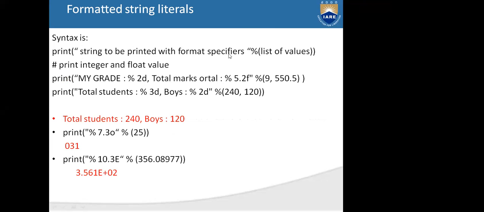In this string, in the way you would like to get your output, the same way you write it, and wherever the data must be taken from any of the operands, there we put placeholders. Placeholders means format specifiers are included. Various kinds of format specifiers are there, depending upon the data type. This way we print in a proper manner according to our specification, right?